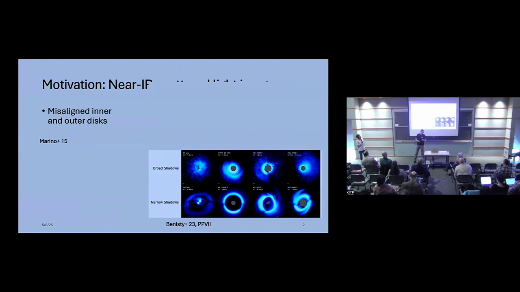So it depends on the precession rate of the inner disk and their mutual inclination. And it's also possible that the inner disk just does not precess and the shadow is staying there.